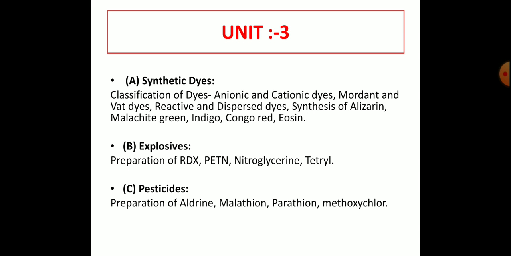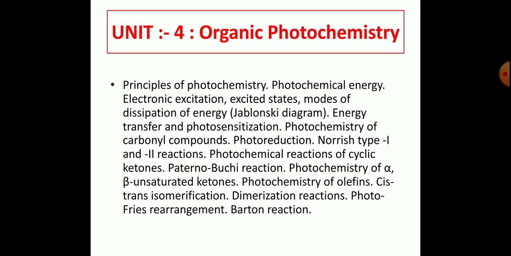Part B, explosives, contains preparation of RDX, PETN, nitroglycerin and tetryl. Part C contains pesticides. In this part, preparation of aldrin, malathion, parathion, methoxychlor. Now, Unit 4. The title of this unit is Organic Photochemistry.